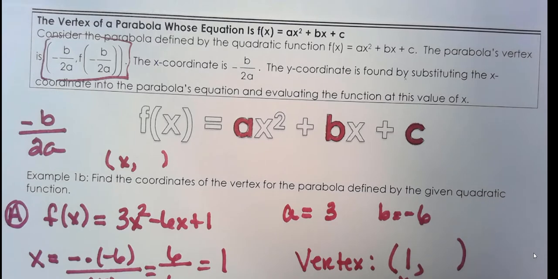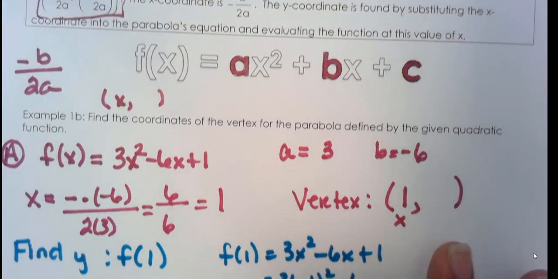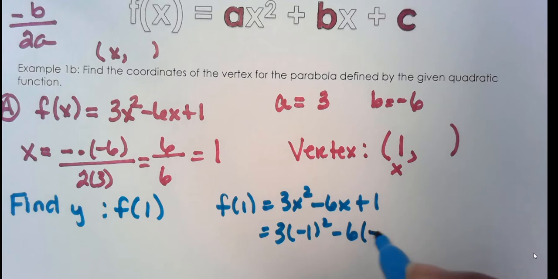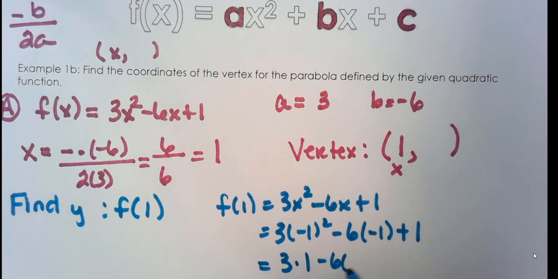We have 3 times 1 squared minus 6 times 1 plus 1. We have 3 times 1 minus 6 times 1 plus 1.